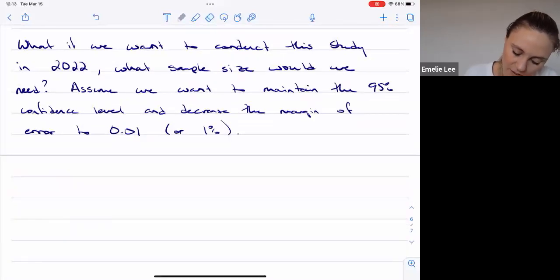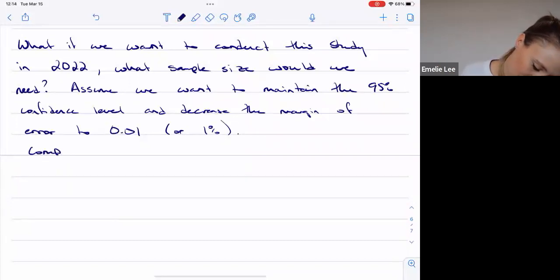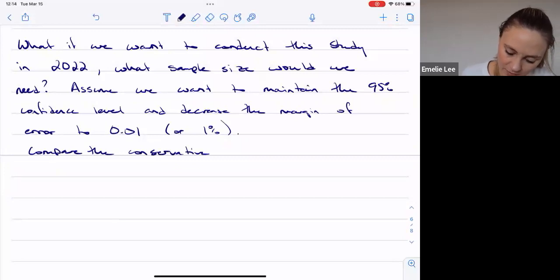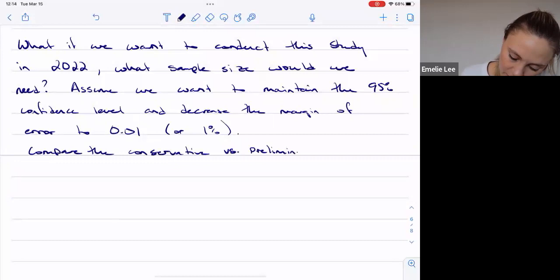Let's do the calculation. So compare the conservative approach with the preliminary data approach.